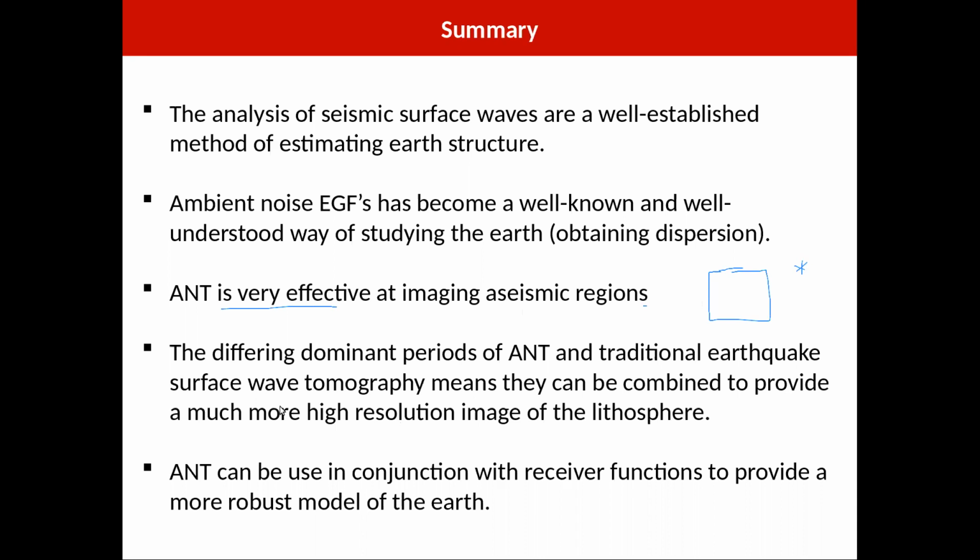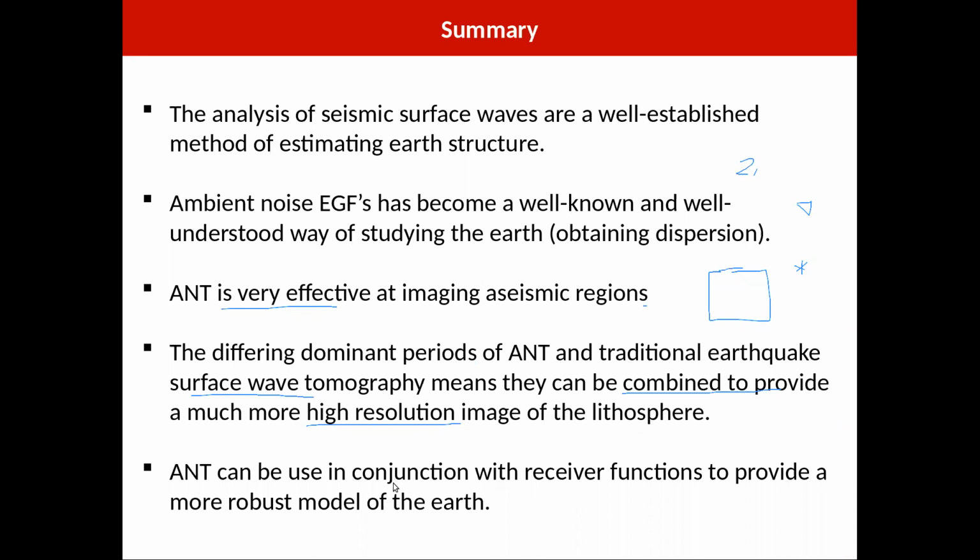And because of the different dominant periods of the ambient noise, which is mostly at the low period signals, and the long periods coming from the surface waves, you can have periods from say 25 to 150 seconds. Combining these two, like in the example, you can get a high resolution image of the lithosphere.